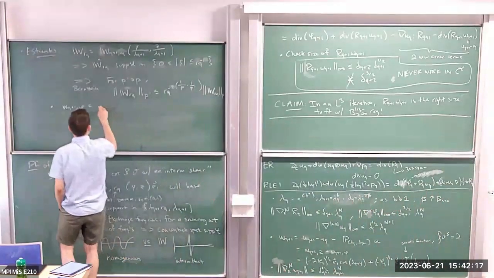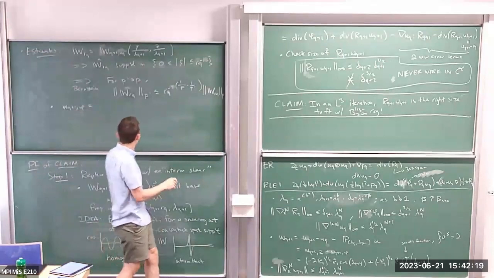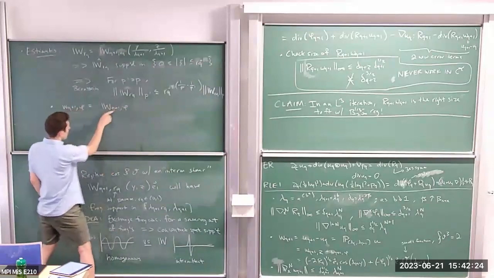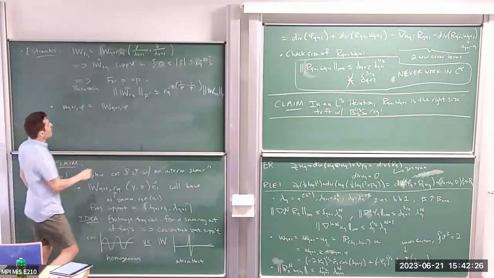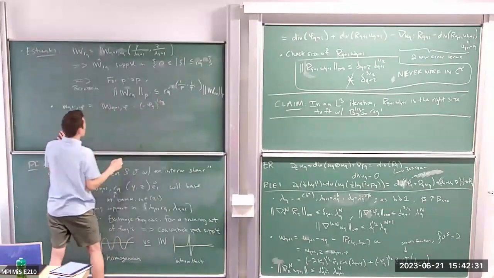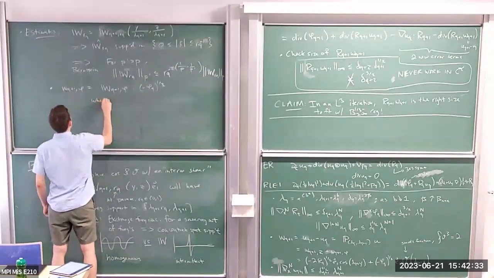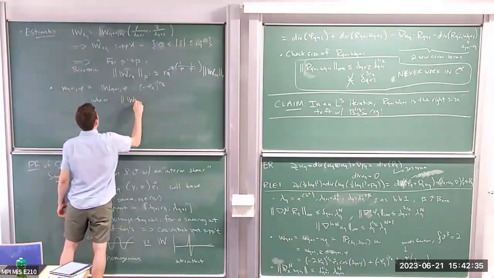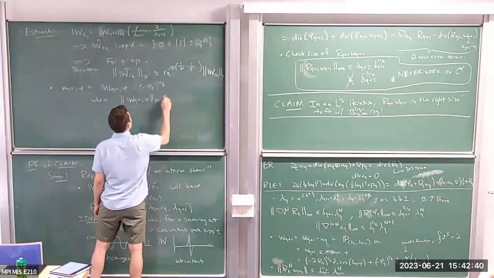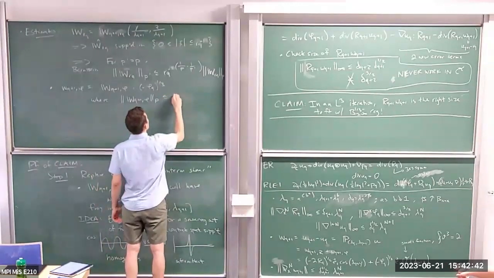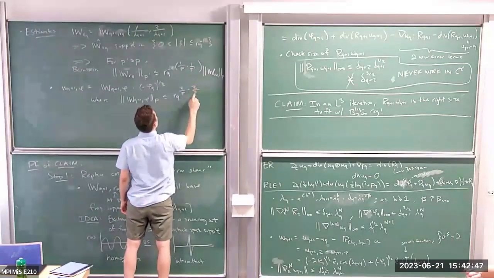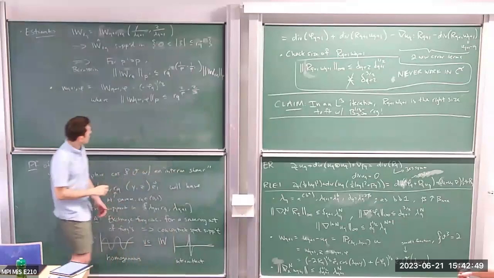So I'm going to define this thing to be capital WQ plus 1 phi, basically times RQ to the 1/3, where the LP norm of this function is like RQ to the 2 over P minus 2 over 3.